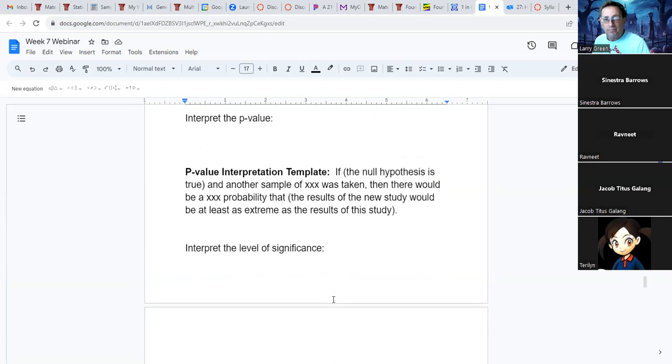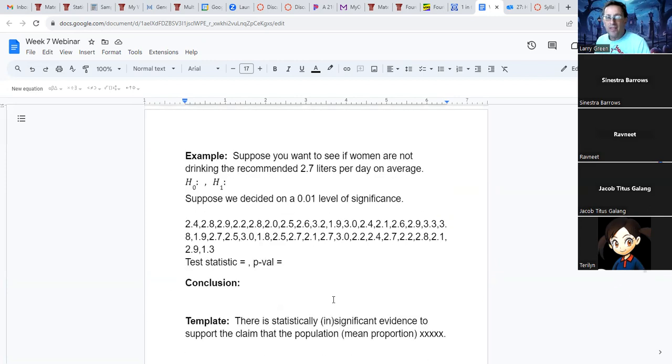Okay. Let's do another one. I'm going to do this one a little bit shorter. Let's suppose you want to see if women are not drinking the recommended 2.7 liters a day on average. That's how much you're supposed to be drinking, by the way. This is good water, not alcohol. But you're supposed to get enough water.